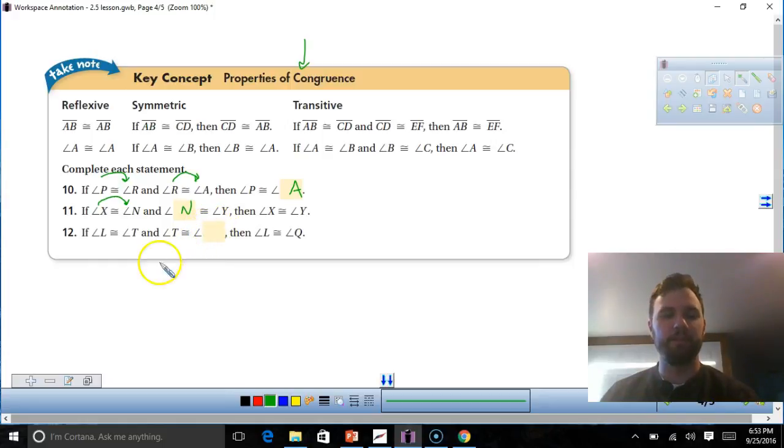This is our transitive one. If L hooks onto T, T to blank, then L to Q, T to Q.